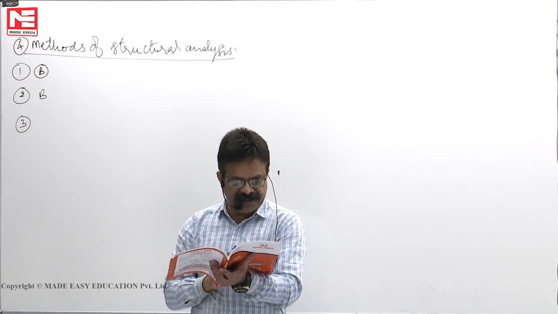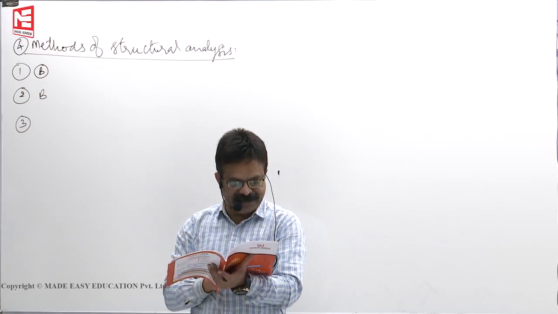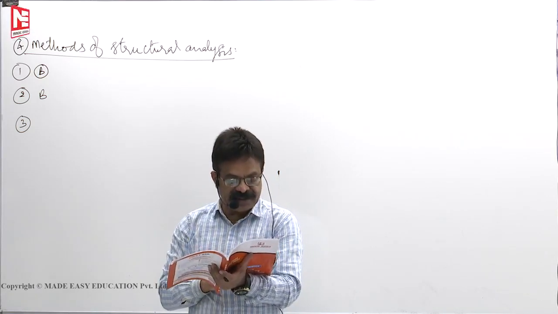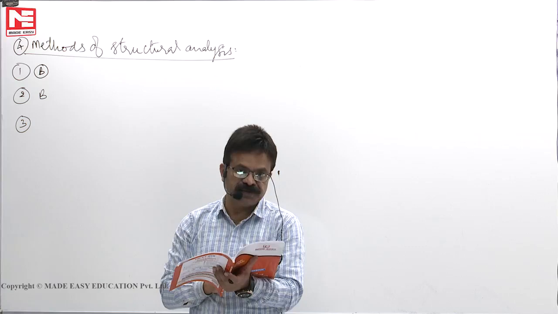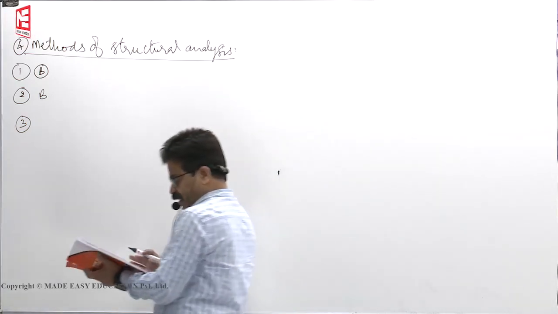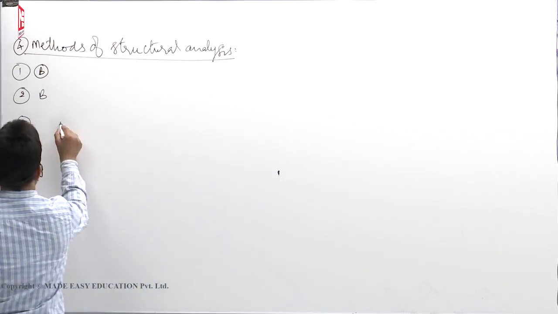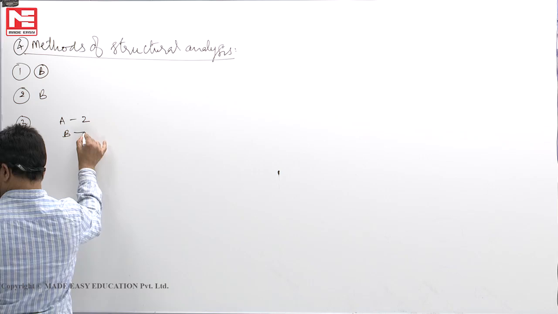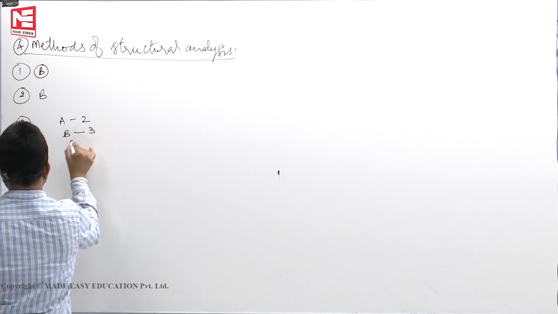Okay, so B3 is matched. Strain energy method, deflection of linear structures only, because that is what Castigliano's theorem 2 tells you, valid for linear elastic structures only. So A2. Complementary energy method is applicable to non-linear structures. B3.